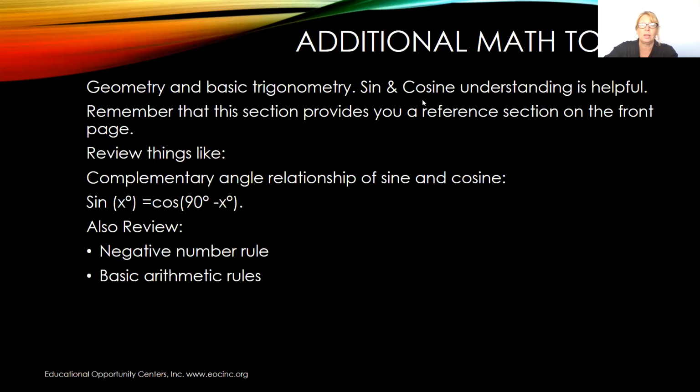So definitely review this prior to starting your section. That is absolutely one of the things you want to do. You also want to review things like the complementary angle relationship, the negative number rule, and the basic arithmetic rules.